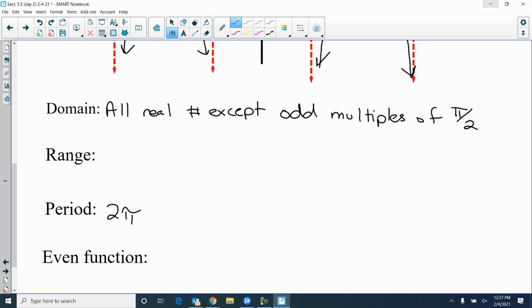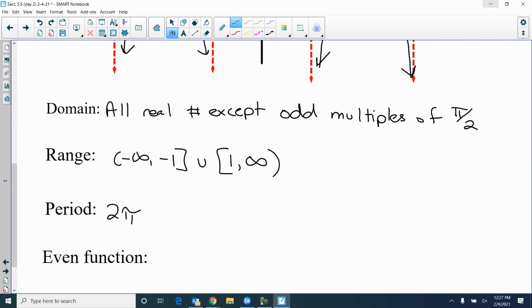Except odd multiples because it goes 1, 3, and 5. Range is going to be the same as we just did for cosecant: negative infinity to negative 1, union 1 to infinity, including 1.